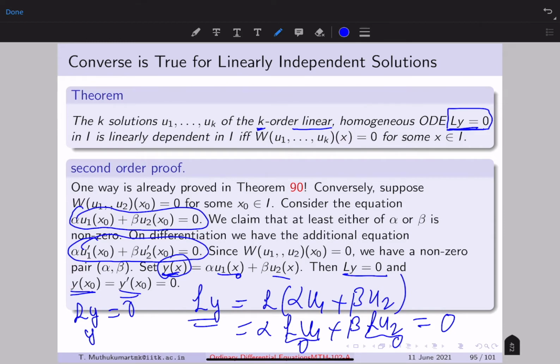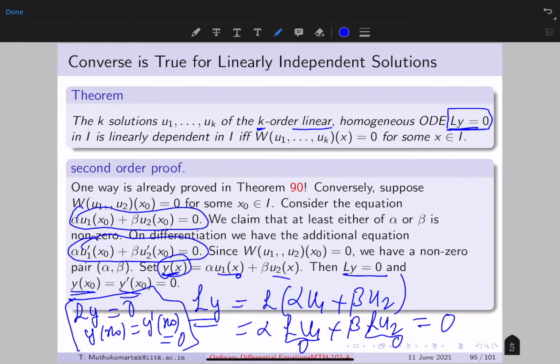So it's a second order ODE, and you have two initial values, y of x naught and y prime of x naught, both equal to 0. So y is a solution to this initial value problem, and we have already shown an existence and uniqueness result: for a kth order linear homogeneous ODE, when the coefficients are continuous, you have a unique solution.